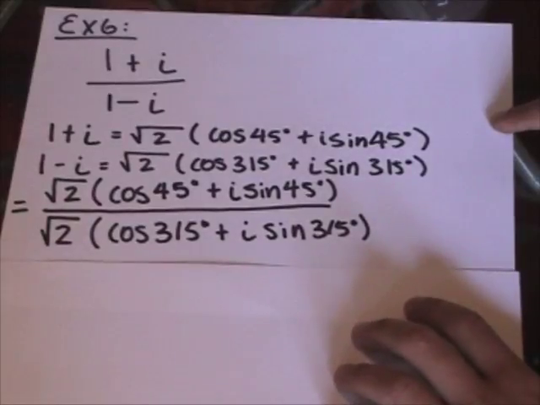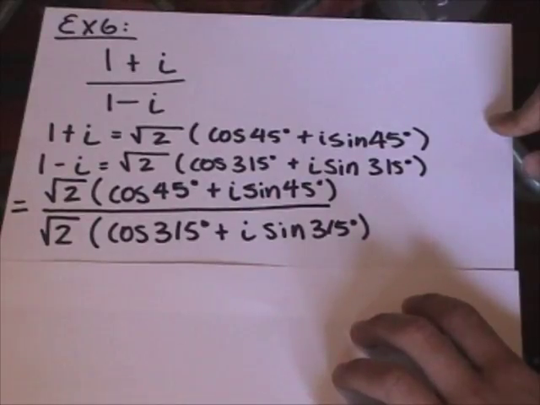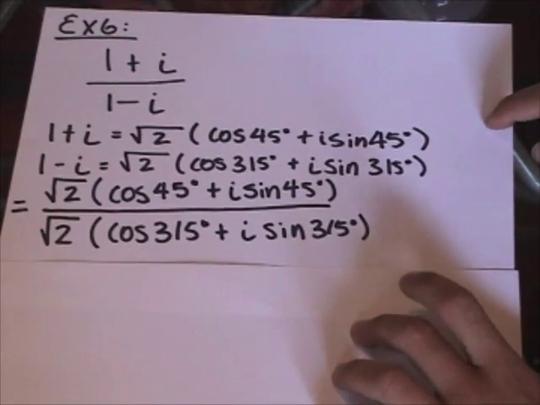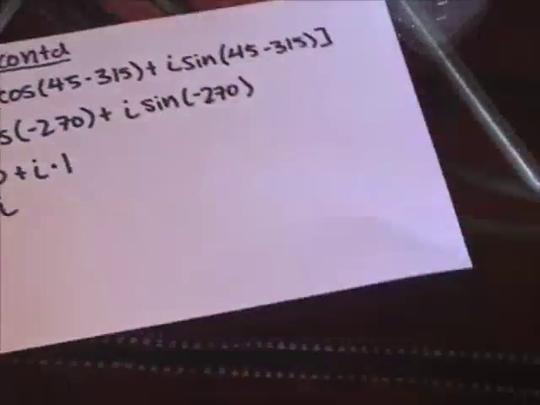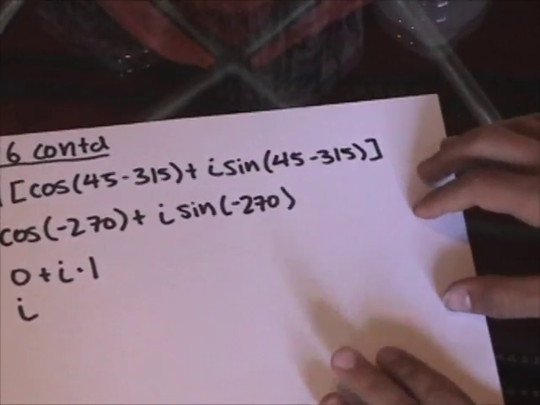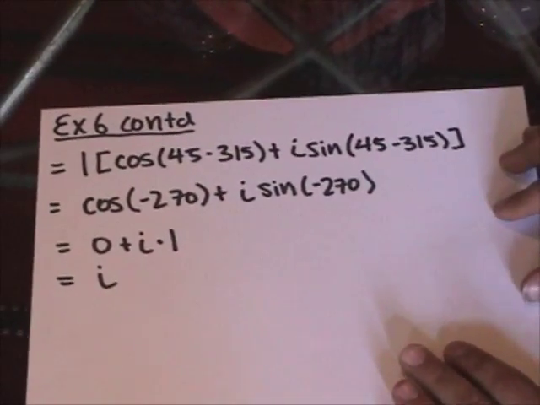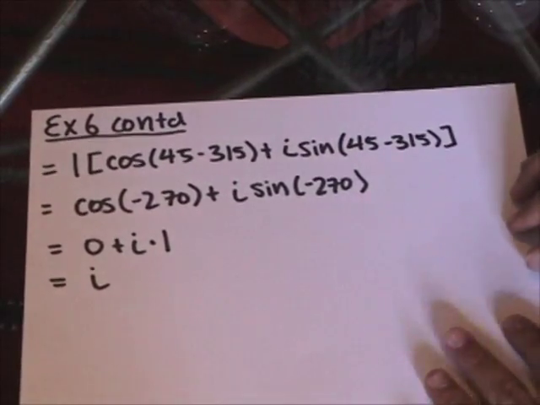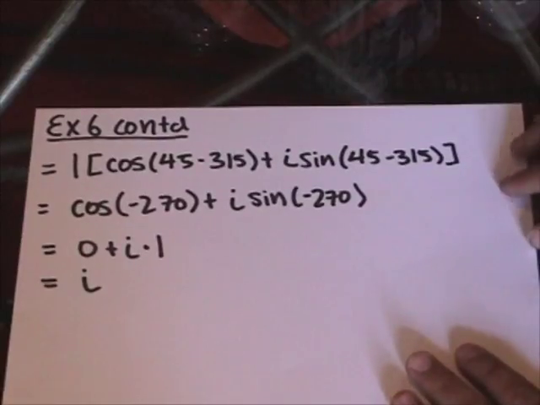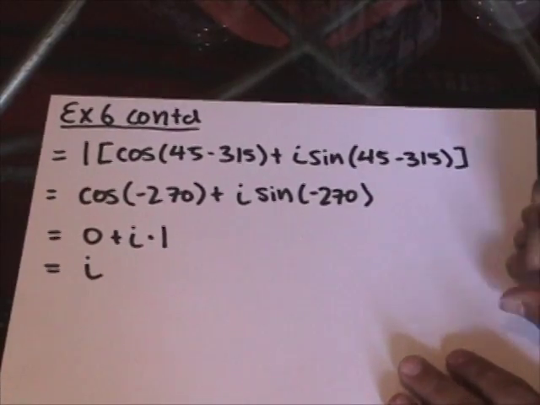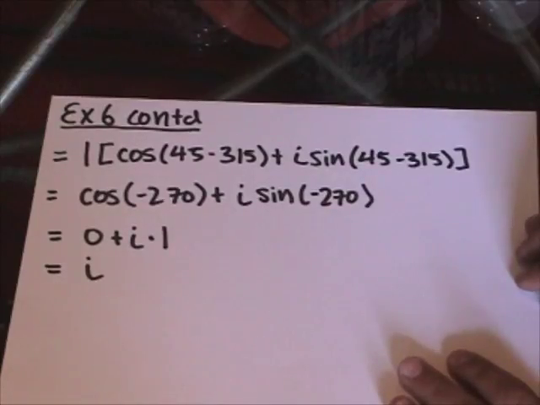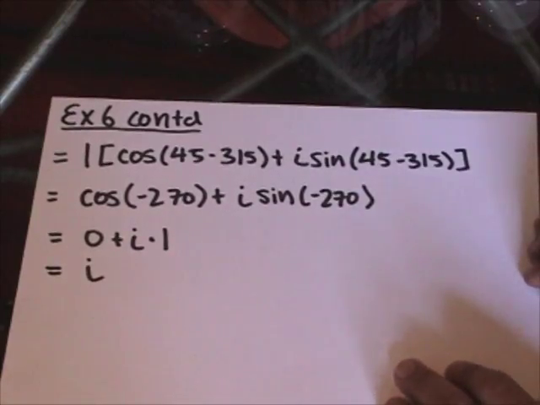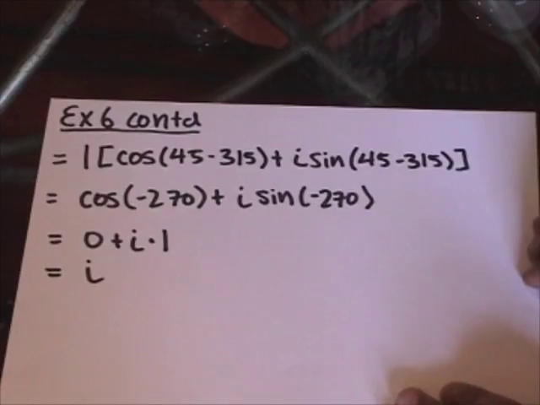So what we have is root 2 times the quantity of cosine 45 degrees plus i sine 45 degrees all over root 2 times the quantity of cosine of 315 degrees plus i sine of 315 degrees. Continuing, we have 1 times the quantity of cosine of 45 degrees minus 315 degrees plus i sine of 45 degrees minus 315 degrees, which becomes cosine of negative 270 degrees plus i sine of negative 270 degrees, which is equal to 0 plus i times 1, which is equal to i.